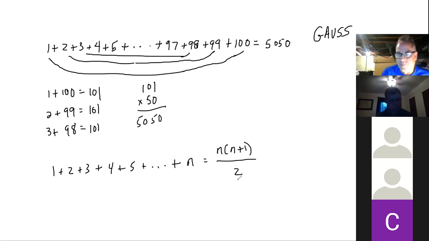And prove that deductively, that this formula always works. So as an example, if I would just figure up this sum, then n would be 100.